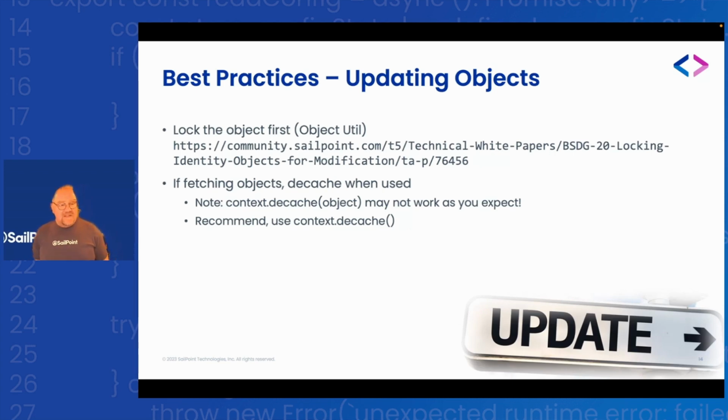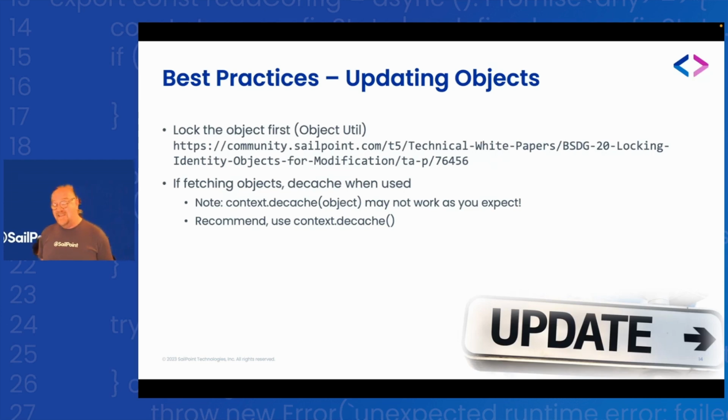If you're getting lots of objects back, you've got a context.decache, but again, you've got to be mindful of this. I'm recommending that you use context.decache without an object passed to it. The reason for that is you're not going to decache the children of that object, you're only going to decache the object.